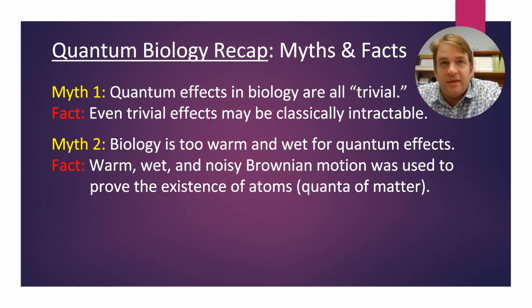And later, Jean-Baptiste Perrin used Einstein's theory to actually demonstrate the existence of atoms, for which he won the Nobel Prize in Physics in 1926. So in fact, warm, wet, noisy systems have provided a basis for demonstrating quantum theory practically from the start.